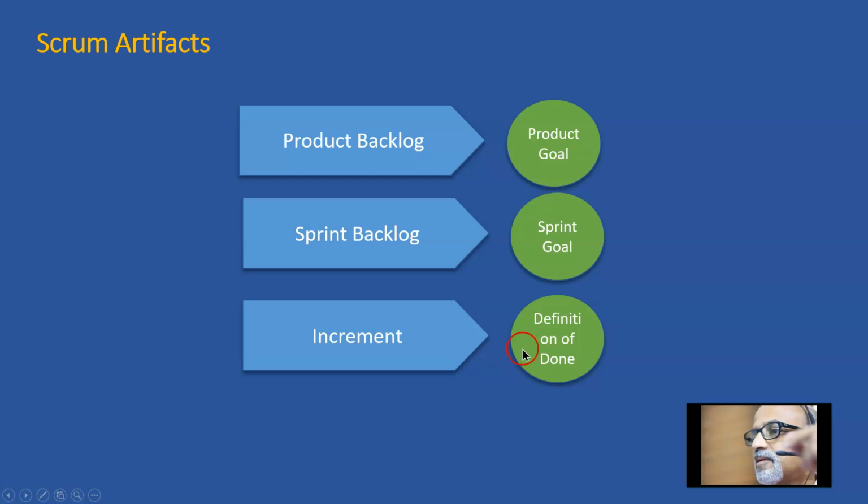So this must meet the definition of done. So the product backlog entries are aligned to the product level goals. Sprint backlog entries are aligned to the sprint goal, and the work performed within the sprint is aligned to the definition of done.